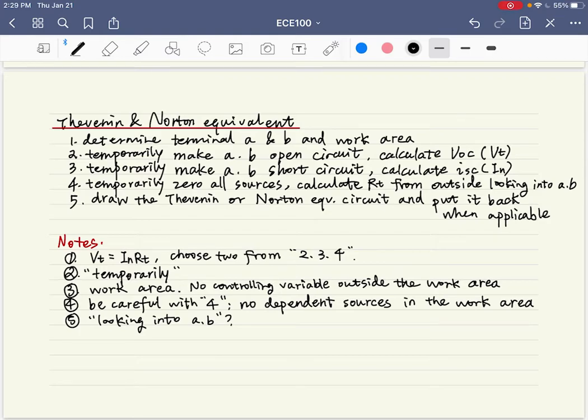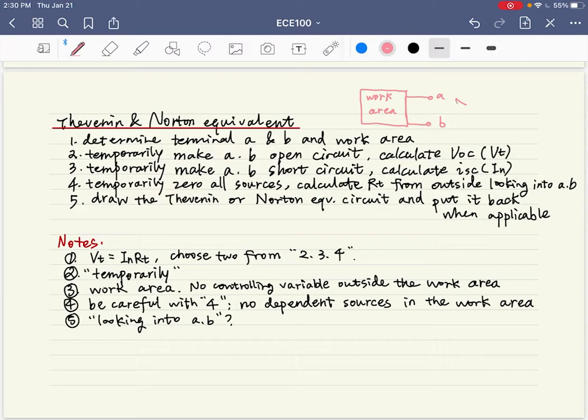Let's start today. The first point is Thevenin and Norton equivalent circuits, and here are the steps I summarize for you. The first one is to determine terminals A and B and the work area, which means the box.